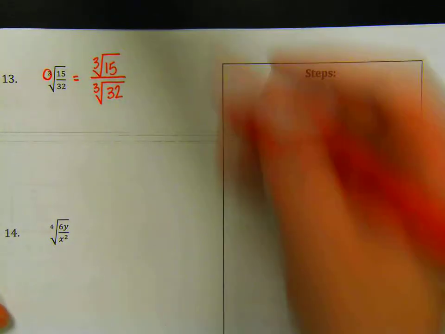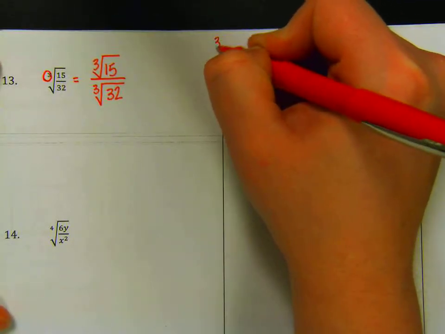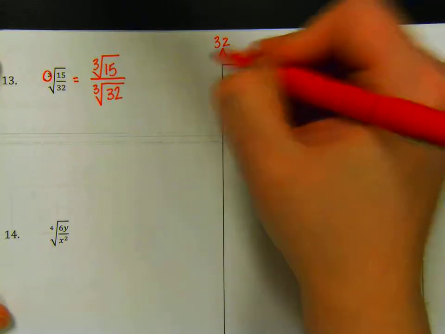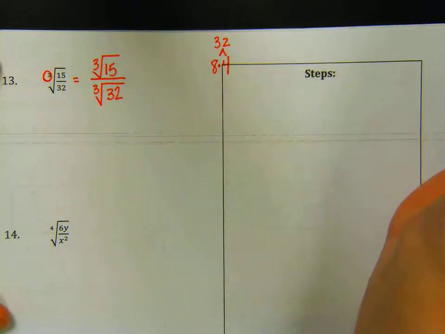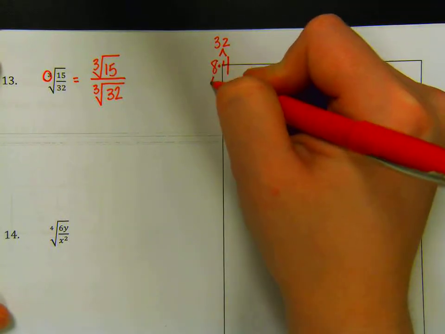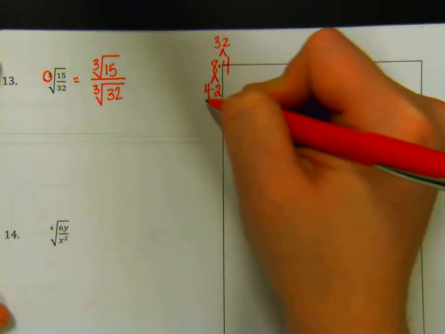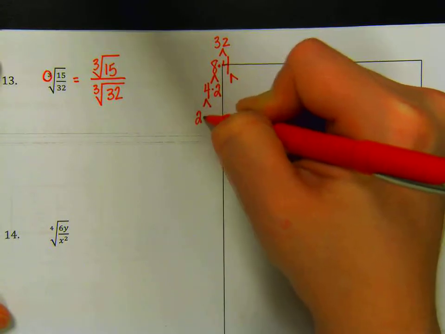Now, the cubed root of 32, that probably can be simplified. So up the top here, I'm going to make my factor tree. What two numbers multiply together to give me 32? 8 and 4 is one of them anyway. 8 can be split up into 4 and 2. Both can be split up into 2 and 2. Good.